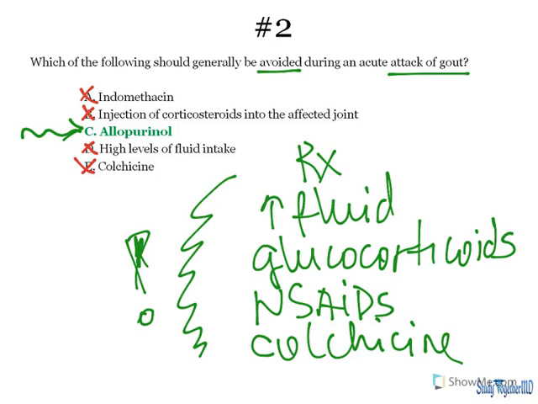Therefore, allopurinol should not be used in acute attack, which is, by the way, used to reduce the generation of uric acid. They could ask you another question about another medication, okay? So on this list, you may find aspirin instead of allopurinol. So aspirin should not be used to treat acute gout.